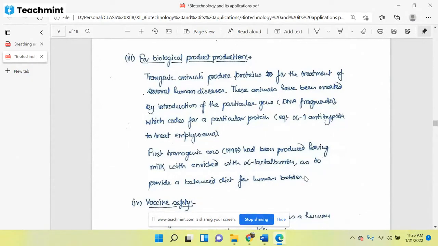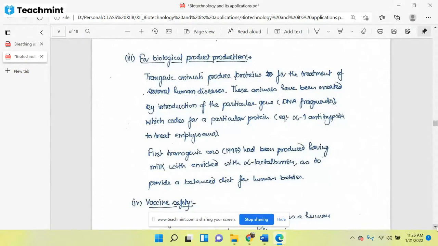So if we eat the rice, along with the carbohydrate, along with the food, we also get vitamin A. If we want any product in any organism through transgenic technology, transgenic rice, transgenic animal, transgenic plant, we can get any phenotype or any product.